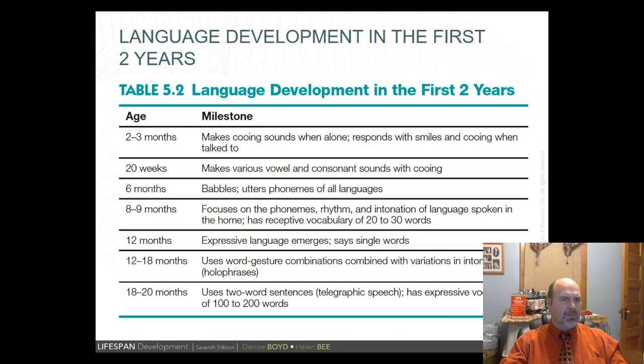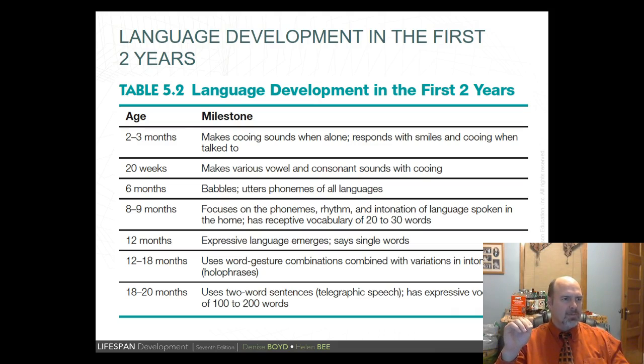These are milestones at different ages through the first 2 years. What I want you to understand is language sophistication makes significant progress during these first 2 years. 2 to 3 months is the cooing sound, 20 weeks is vowel and consonant sounds with their cooing.